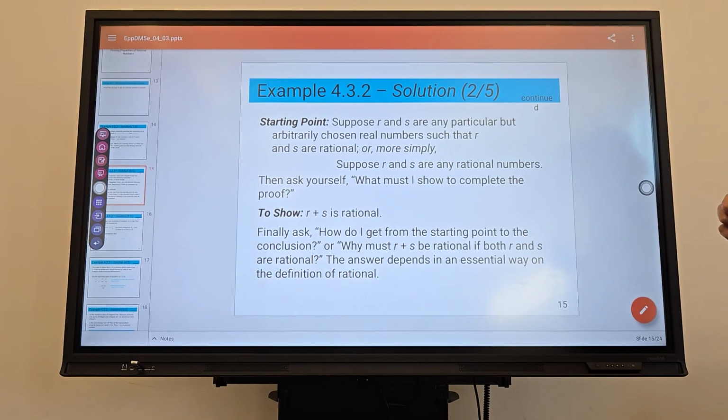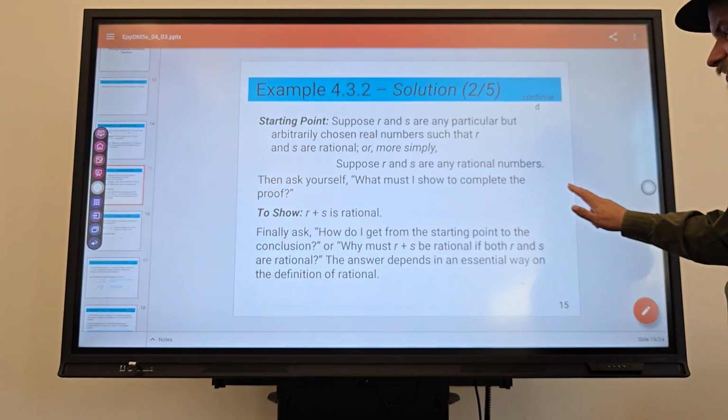So, suppose R and S are any particular but arbitrarily chosen real numbers, such that R and S are rational, or more simply, suppose R and S are any rational numbers. What must I show to complete the proof? R plus S is rational. How do you get from the starting point to the conclusion? Or why must R plus S be rational if both R and S are rational?